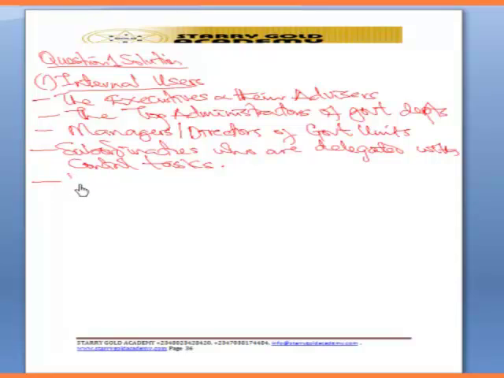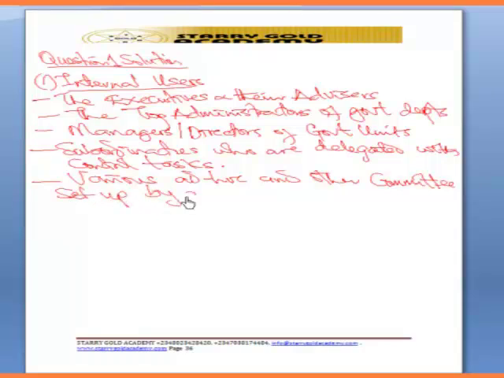We have various ad hoc and other committees set up by government to examine specified functions.